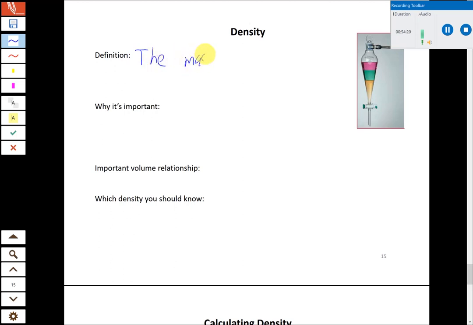It's the mass of a substance per unit volume. That's the definition of density, a ratio of mass to volume.